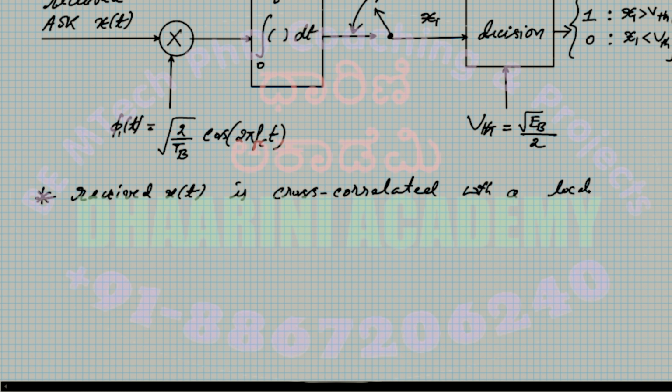So I can write locally generated phi 1 of t, right? So this is the output. You take a product and integrate. That's what is actually considered as the cross correlation.